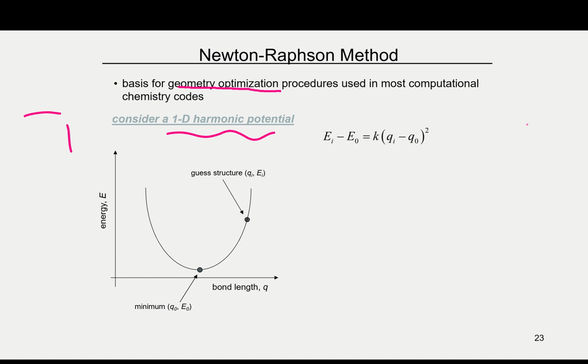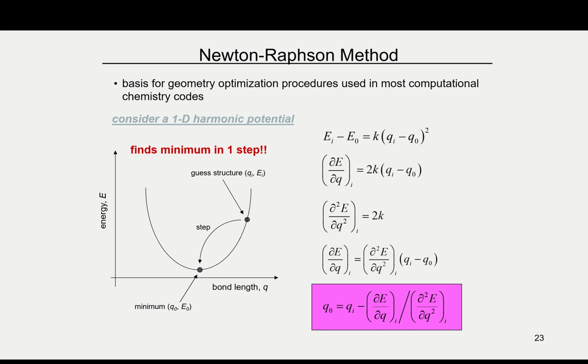The Newton-Raphson method uses this quadratic form, so we can write it here: Ei minus E naught. Ei, you now know, is the energy of the initial structure, and E naught is the energy of the final one. Now if we take the first derivative of this, it becomes delta E divided by delta Qi.